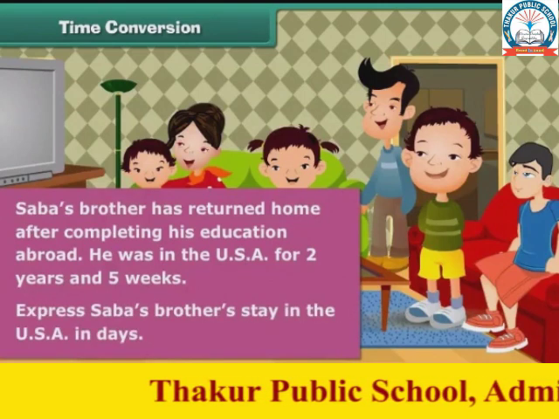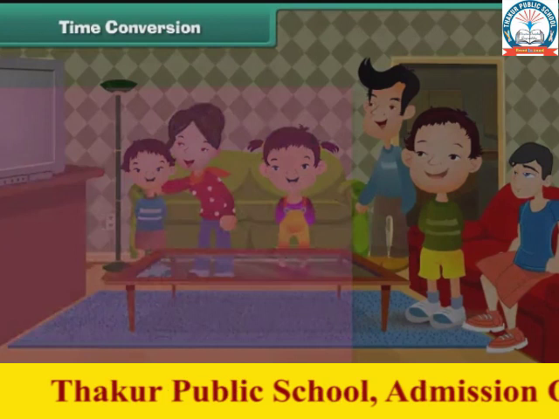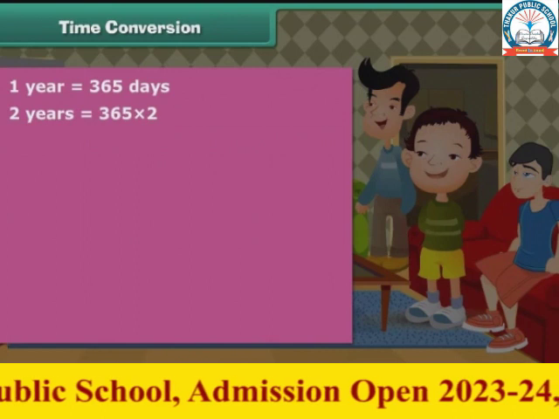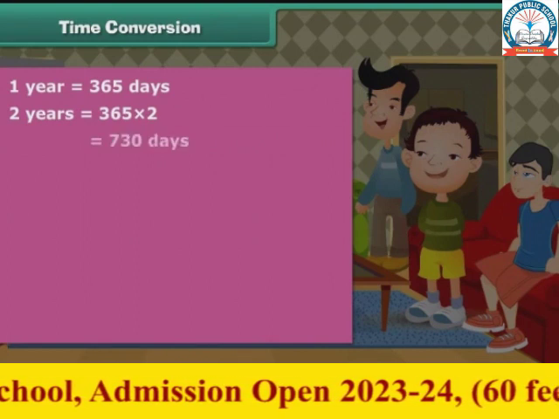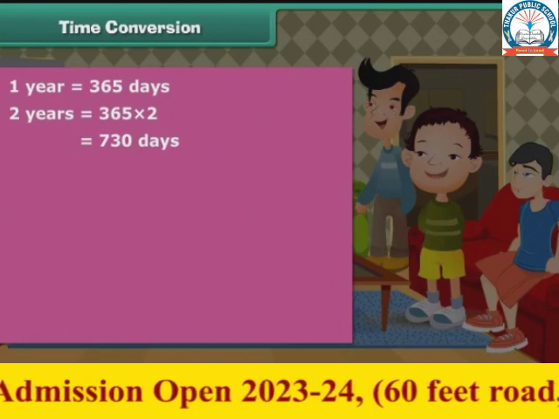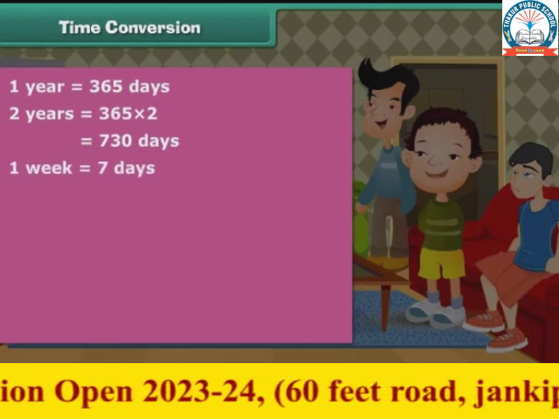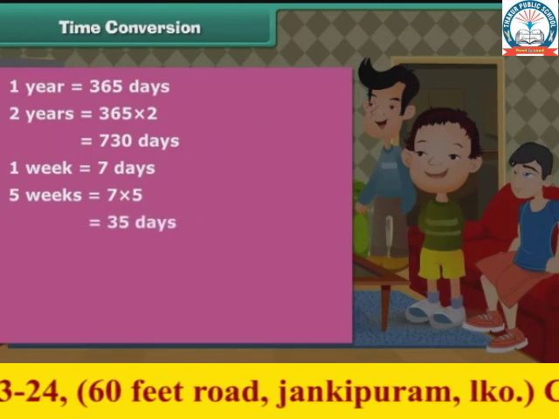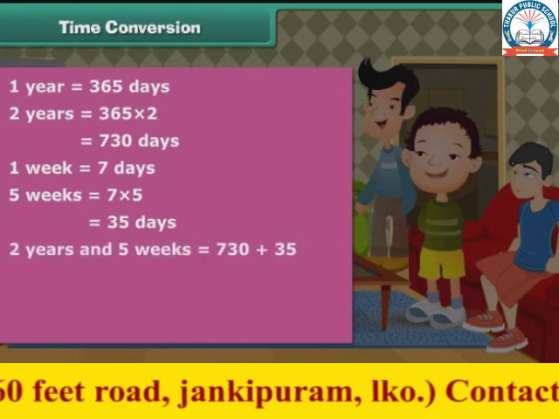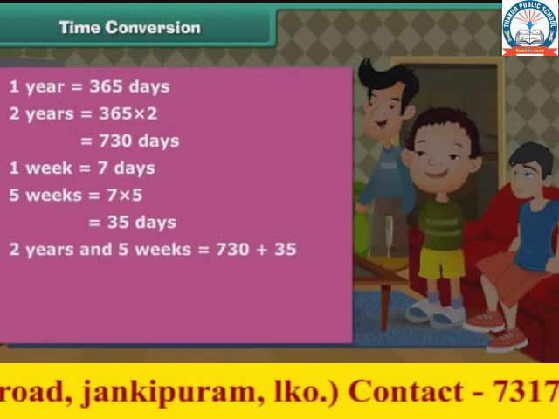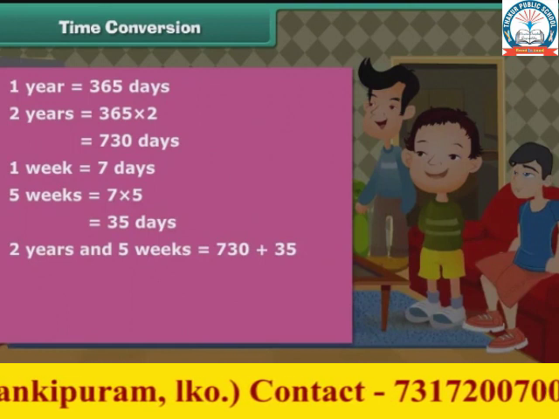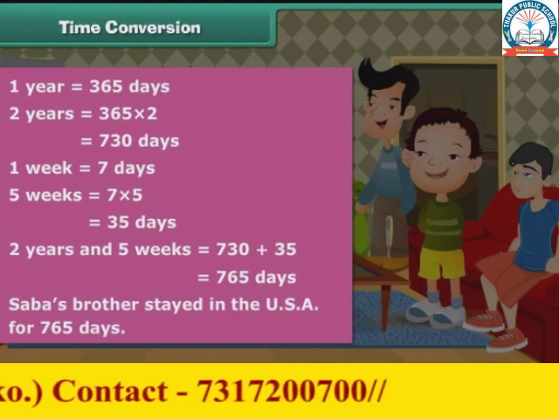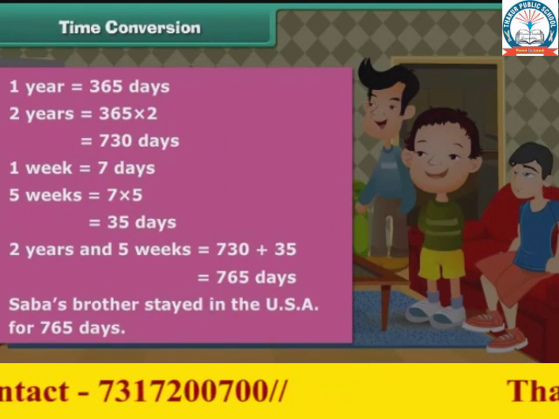Express Saba's brother's stay in the USA in days. 1 year is equal to 365 days. 2 years is equal to 365 into 2 is equal to 730 days. 1 week is equal to 7 days. 5 weeks is equal to 7 into 5 is equal to 35 days. 2 years and 5 weeks is equal to 730 plus 35 is equal to 765 days. Saba's brother stayed in the USA for 765 days.